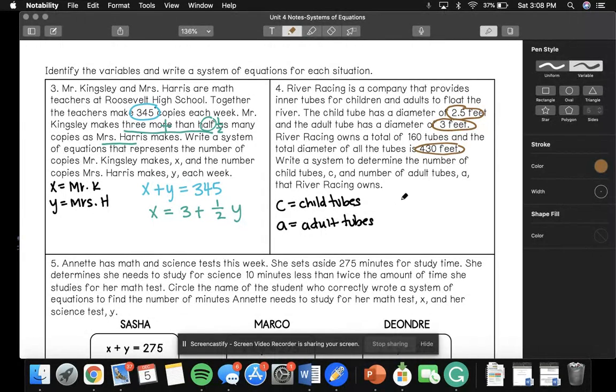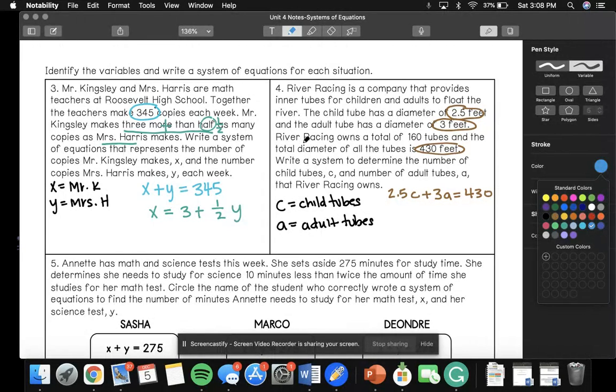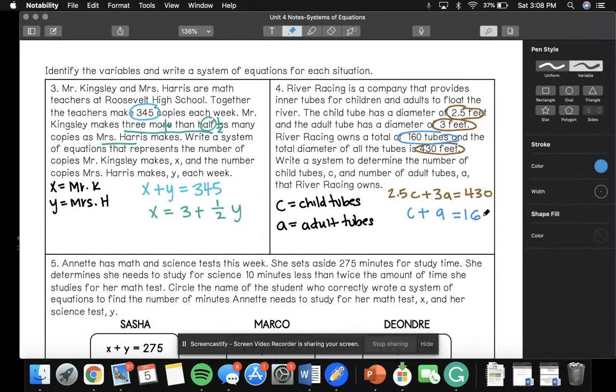So my first condition would be 2.5 for every child tube plus 3 feet for every adult tube would have to equal a total diameter, or all of them together, I guess I should say, of 430. Okay. My other condition would be that they just have a total of 160 tubes. So when I put these numbers together, the child tubes plus the adult tubes, they have to equal 160.